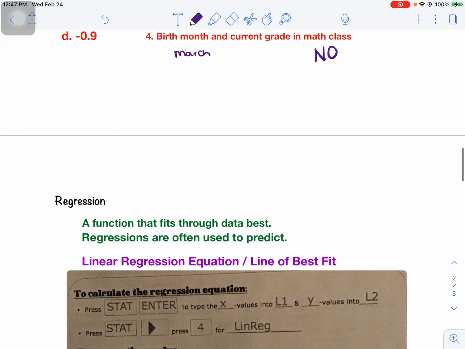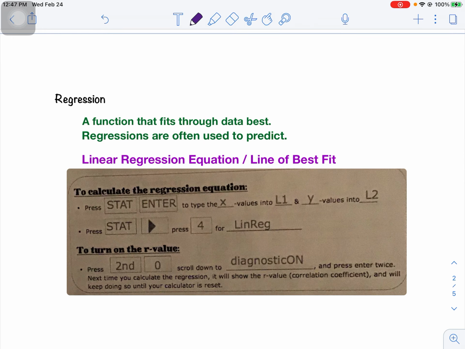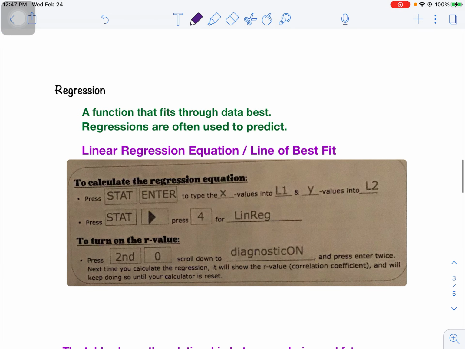All right, so now we're going to talk about regression. Regression is a function that we use to fit data. So when we have all these scattered data plots, we want to try to find a line, an equation, and that's called a regression line. It's actually called a linear regression line, and it's used to predict what will happen in the future for a certain trend.